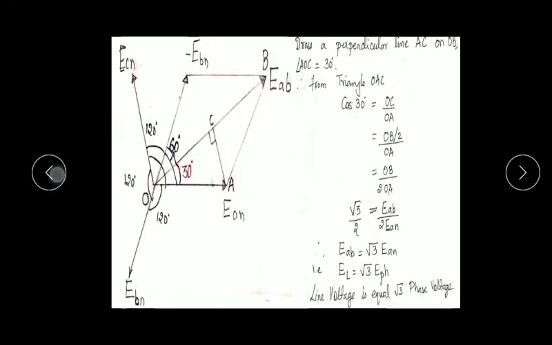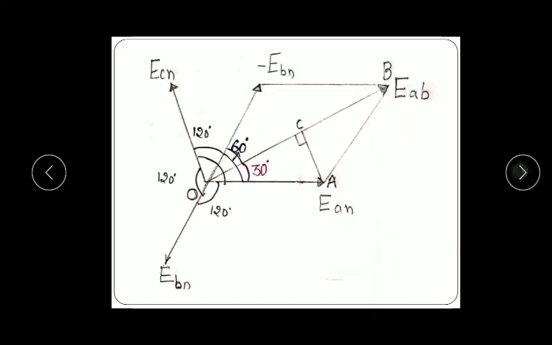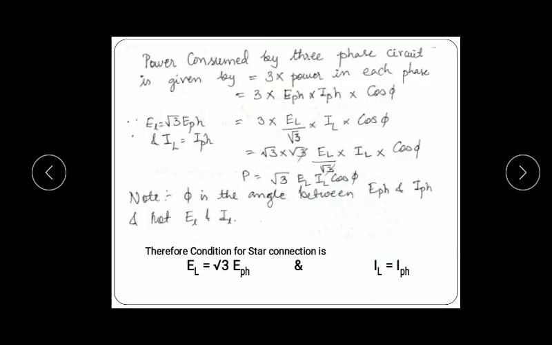So power in each phase we have already seen. P is equal to EI cos phi in each phase. So 3 into, why 3? Because it is 3-phase circuit. So 3 into power in each phase. So E phase into I phase cos phi. But what is E phase? EL is equal to root 3 E phase. So we can write this as EL by root 3. And we also know that in star connection I phase is equal to IL.